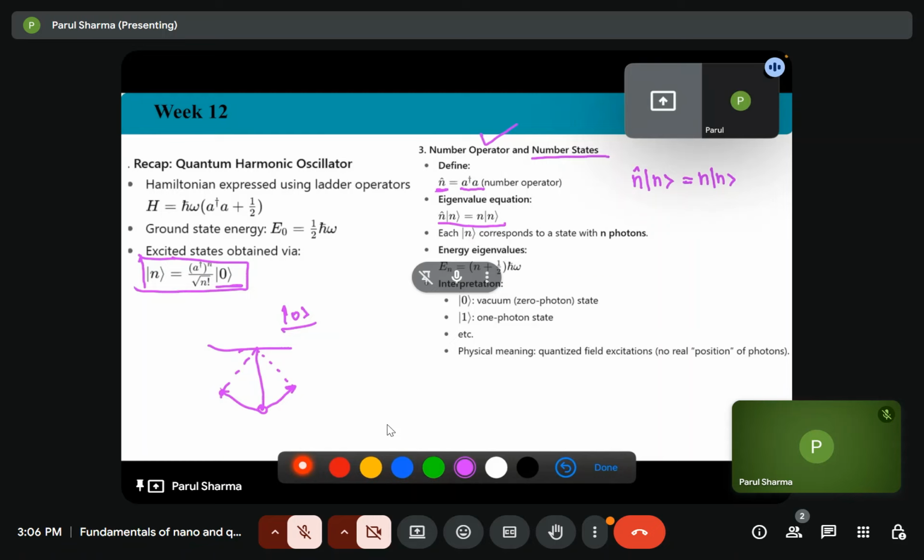So we can say that number states are eigenstates, and the number operator acting on a number state will give the number of photons in that particular state.